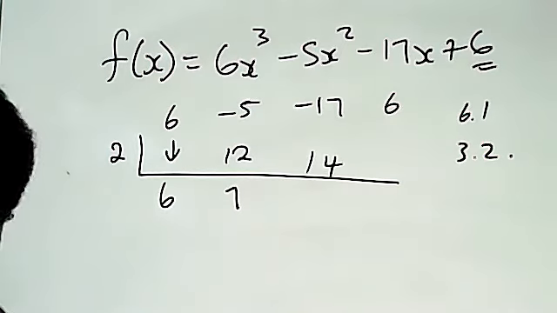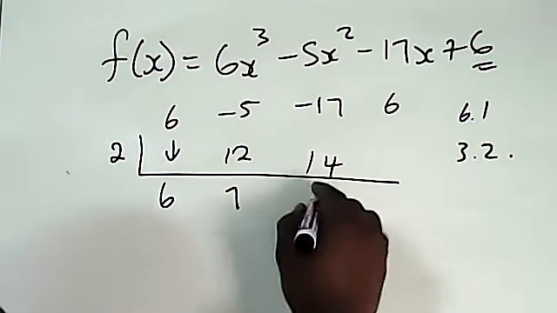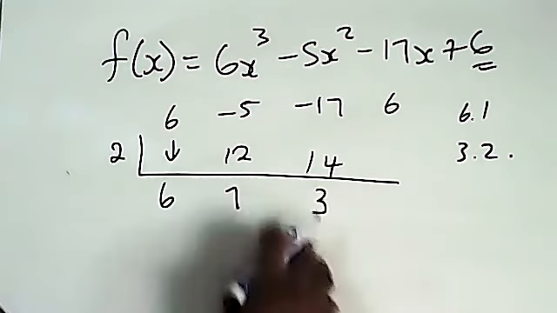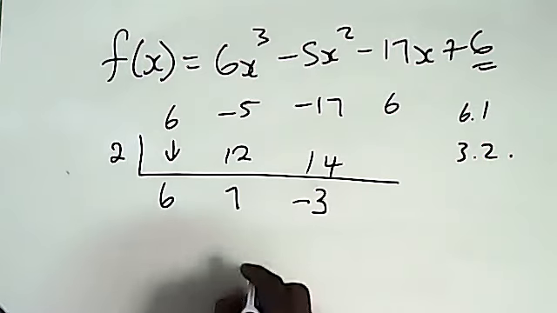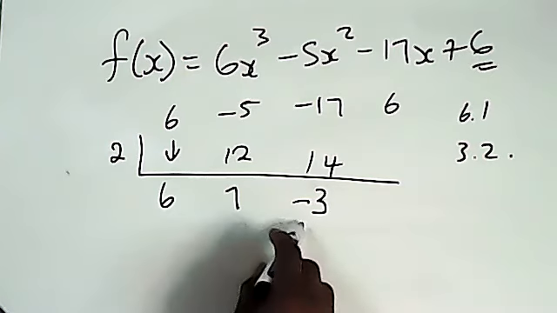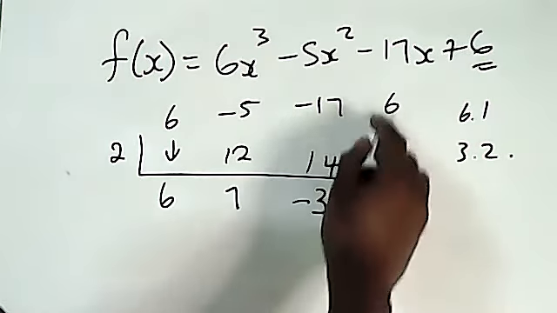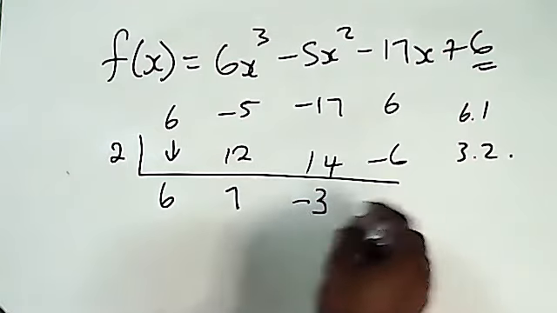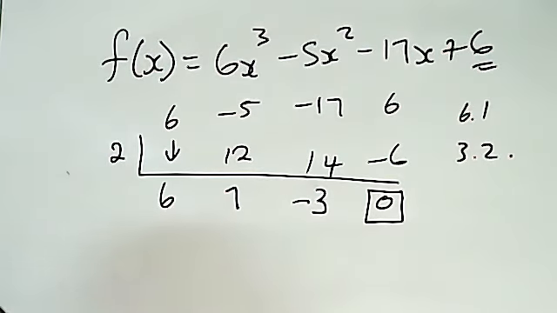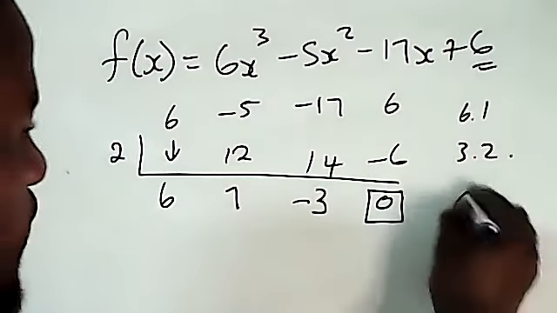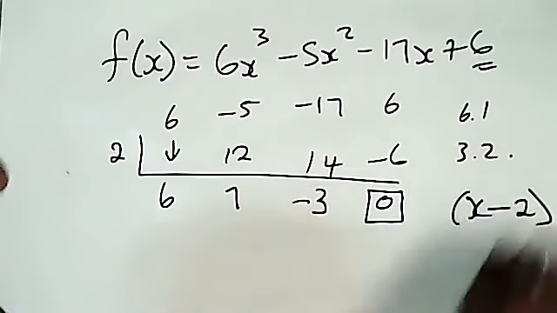So negative 17 plus 14, that's negative 3, sorry. So 2 multiplied by negative 3, that's negative 6. So negative 6 plus 6 will give you 0. So since this is 0, it's telling us 2 is a factor. Since it's positive 2, the real factor is x minus 2.